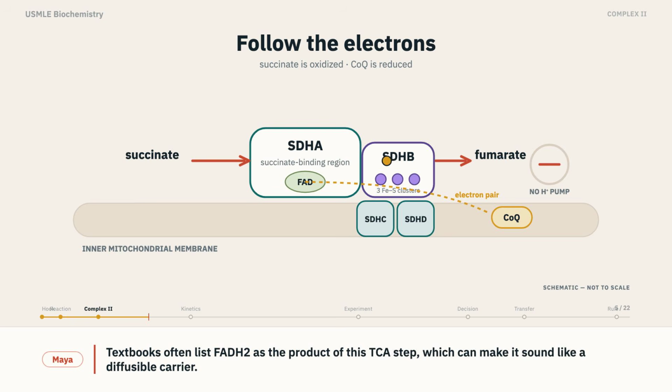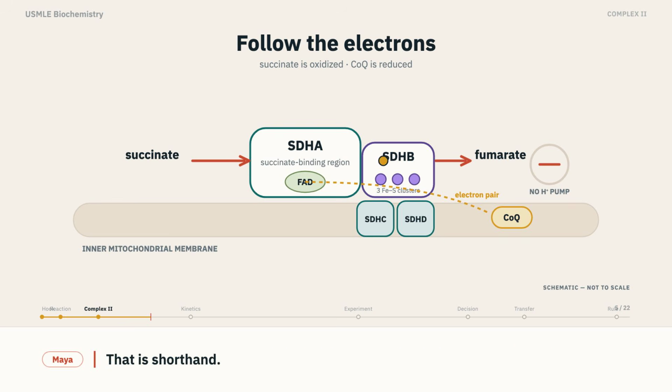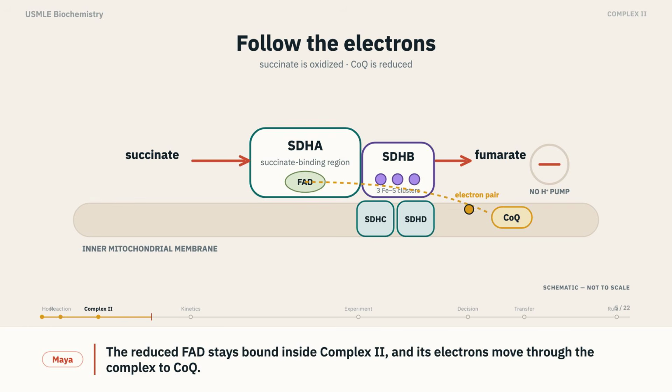Textbooks often list FADH2 as the product of this TCA step, which can make it sound like a diffusible carrier. That is shorthand. The reduced FAD stays bound inside complex 2, and its electrons move through the complex to coenzyme Q. It does not leave the enzyme the way NADH can move away from the reaction that produced it.